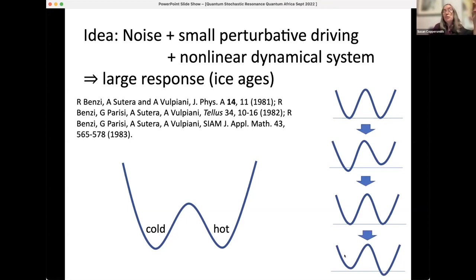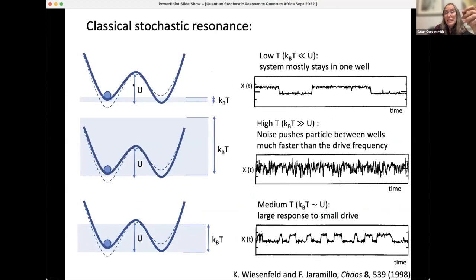But if you're in one state, the odds of getting over to the other state look very unlikely just based on the size of that perturbation. But the idea then is actually there's a source of noise, right? In the ice age issue, there was the variability of the Earth's climate. And the idea is that there are fluctuations anyway. And if you're slightly more likely to be, let's start over here.